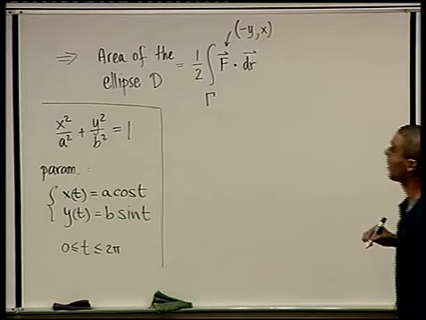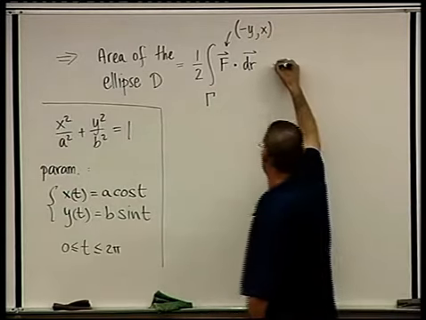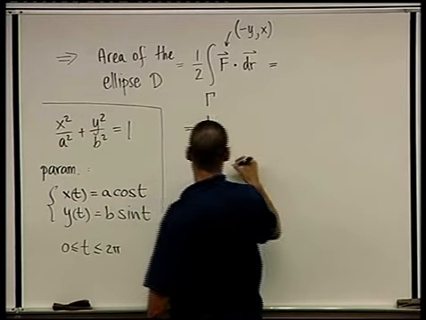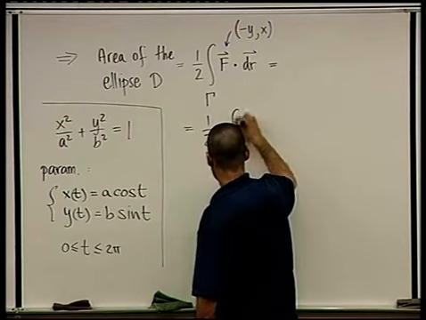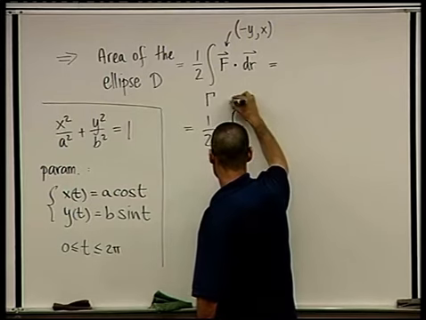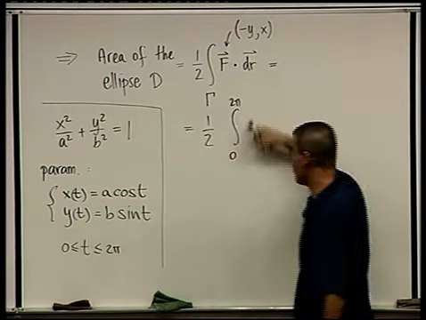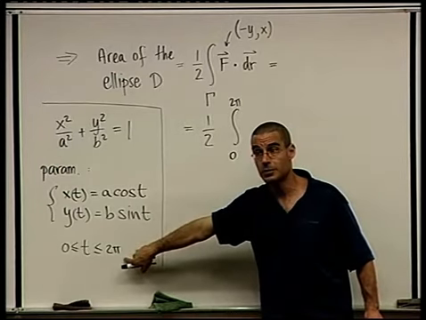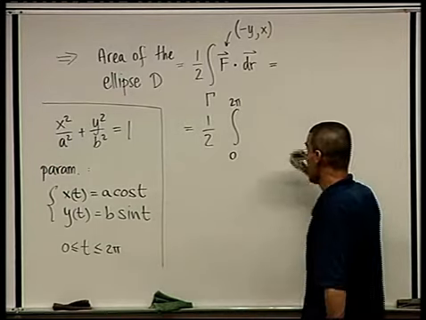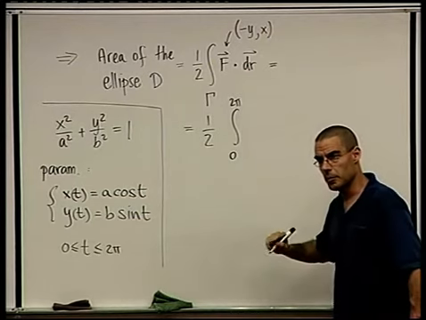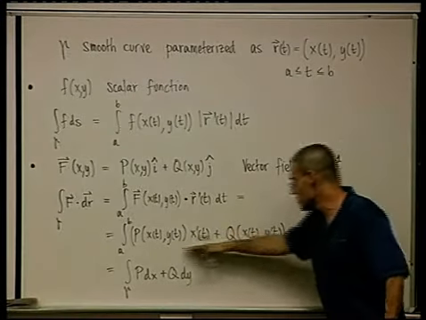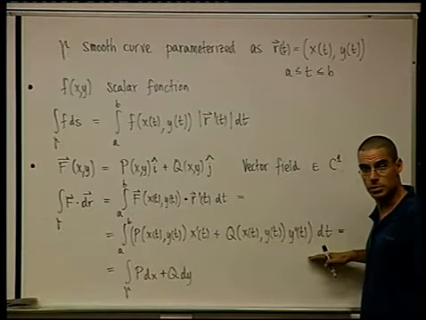That was the field F. So let's write what that is. It's 1/2, and now we need the integral from 0 to 2 pi. Those are the lower and upper bounds of the parameter in the parametrization. Come with me one board back to recall the formula, because we don't remember it very well yet. It's this formula. This is what I'm going to use.